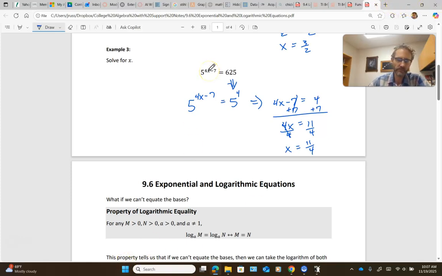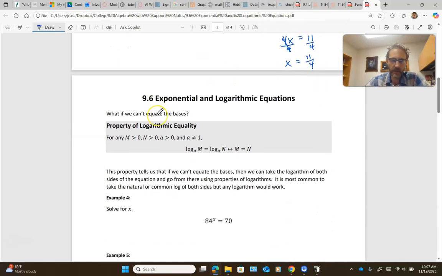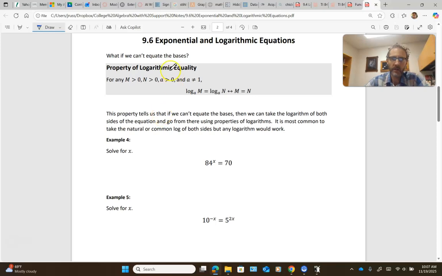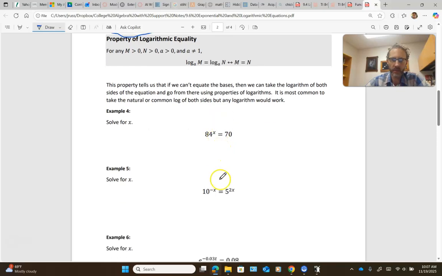Alright. Now, let's take a look at the next example here real quick. What if we can't equate the bases? Okay. So for example, some of these down here. If you look at example 4, the base here is 84.